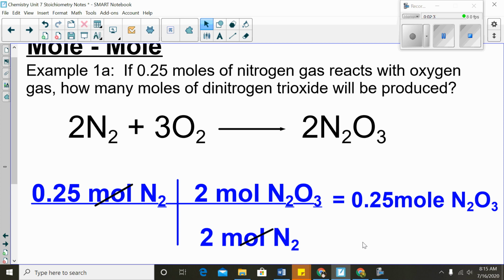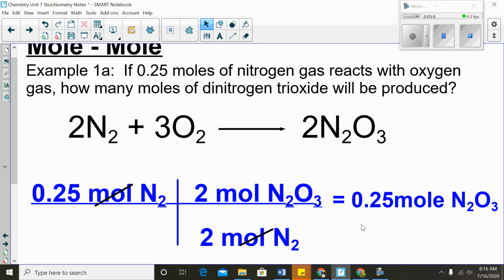Now you may have already been able to see this, that if 2 moles of nitrogen produce 2 moles of dinitrogen trioxide, 0.25 moles would also yield 0.25 moles. They have the same coefficient. But that's not always going to be the case, so I wanted to make sure you understood this setup and understood what you are doing before it gets more complicated.